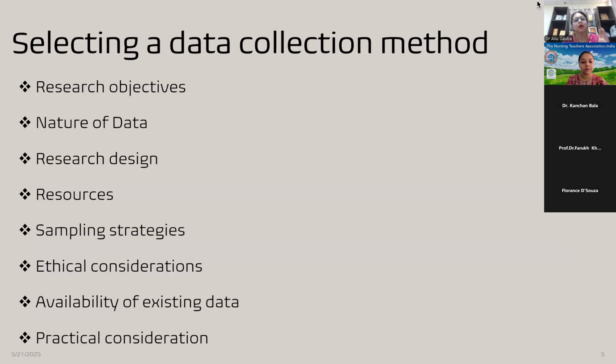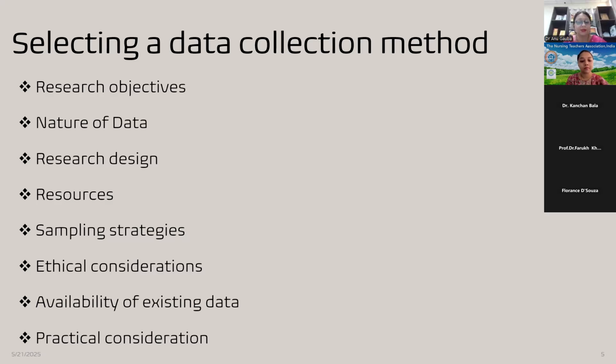Now, see, there are some criteria, or I can say, how you are going to select what type of method for data collection is best for me, right? Now, you have framed one research statement. The most important thing is what are your research objectives, right? What are your research aims? What are your research gaps?